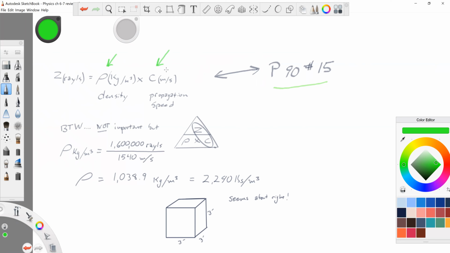Which medium has a higher acoustic impedance? Which of these has a higher impedance? They both have the same densities, so I'm just going to put an equal sign there. But speed of sound in A is 10% higher, so A is greater than B by 10%. So, which one has the higher impedance?